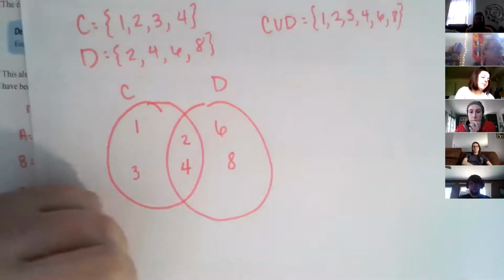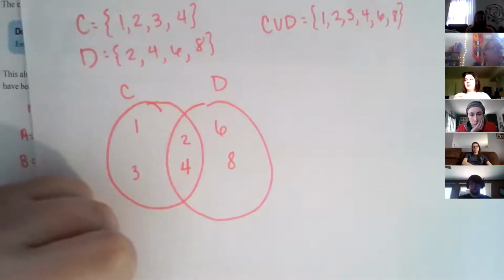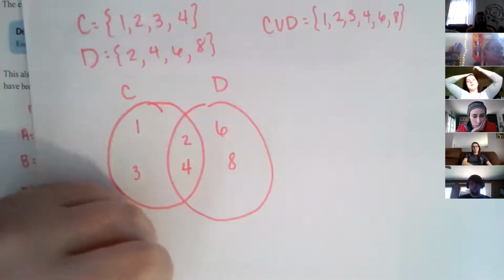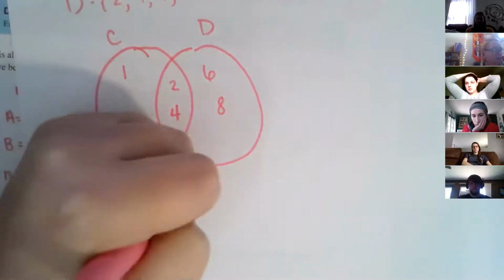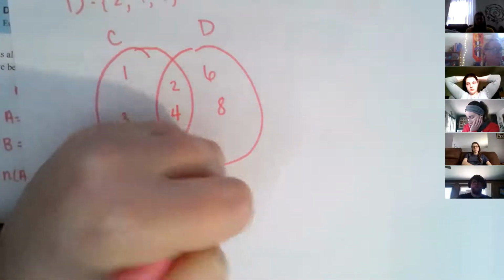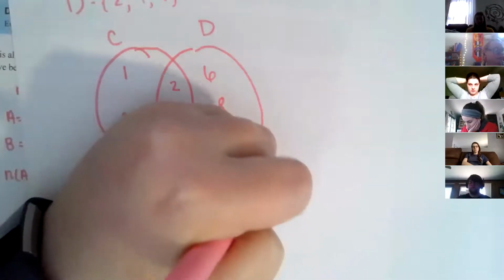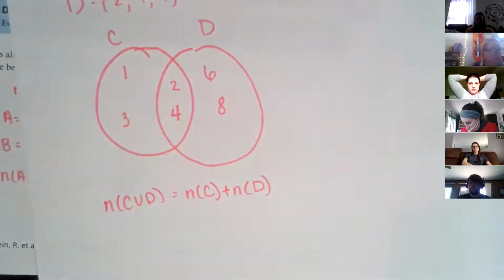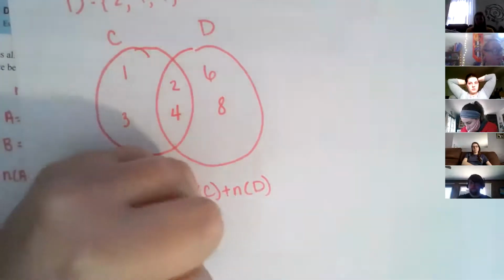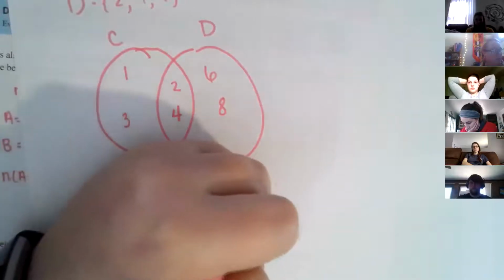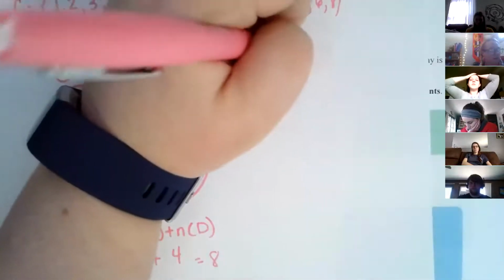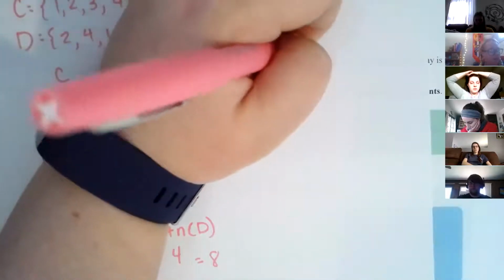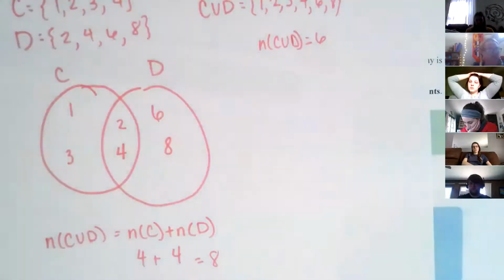But if I did assume that the size of C union D is going to be the size of C plus just the size of D, that would be 4 plus 4, which is 8, but I only have 6.